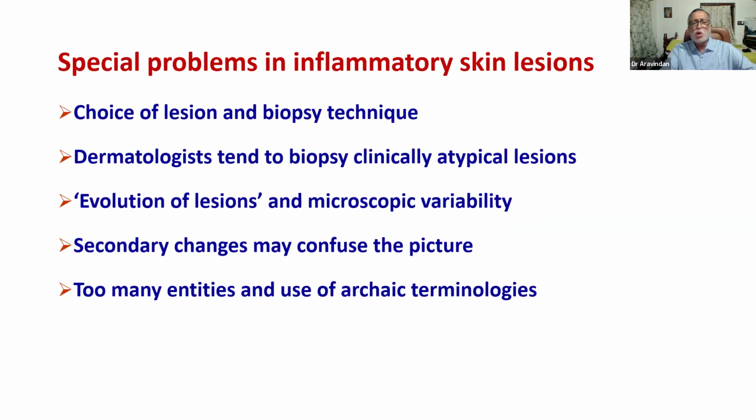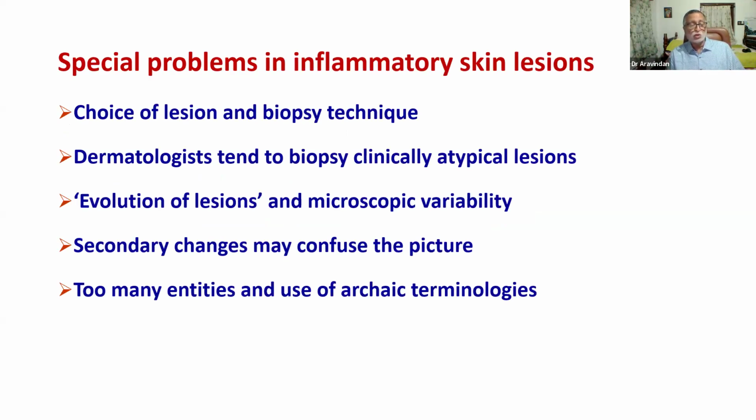Now, some of the special problems in inflammatory skin diseases is that the choice of lesion and the biopsy technique is important. I will show an example. And dermatologists tend to biopsy clinically atypical lesions. Please remember that. So the classical descriptions of a lesion you may not find in your slide, because those will not be biopsied by the dermatologist.